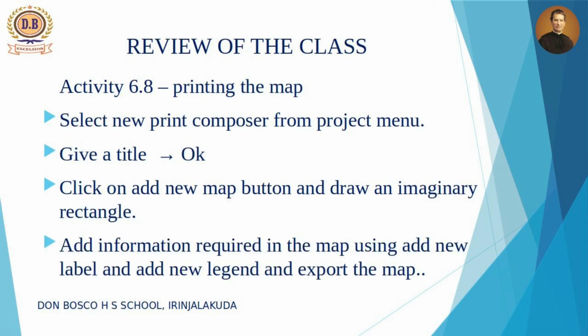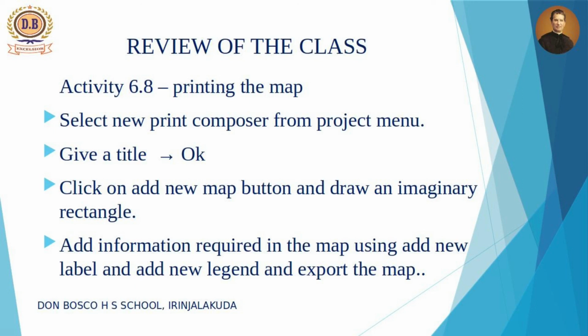Last and final activity in this chapter was printing the map, which is activity 6.8 in your textbook. For exporting the map into image or SVG format, we can make use of the printing the map facility. Select new print composer from the project menu and give an apt title to the map in the window that appears and click on OK. Then press the add new map button and draw an imaginary rectangle. Inside that rectangle, we can see our map of Panchayat.